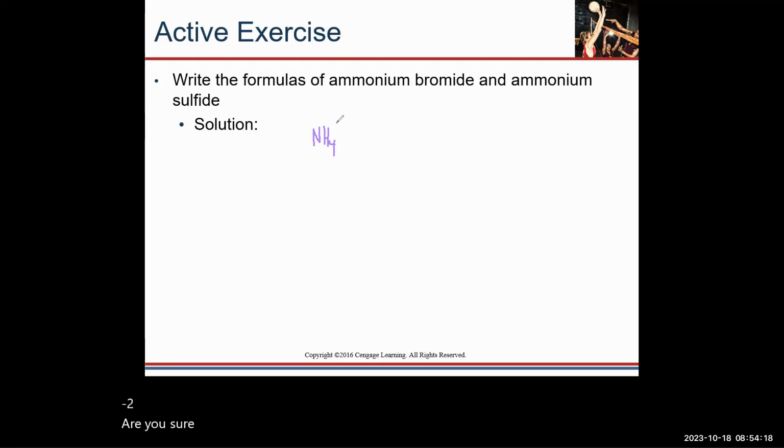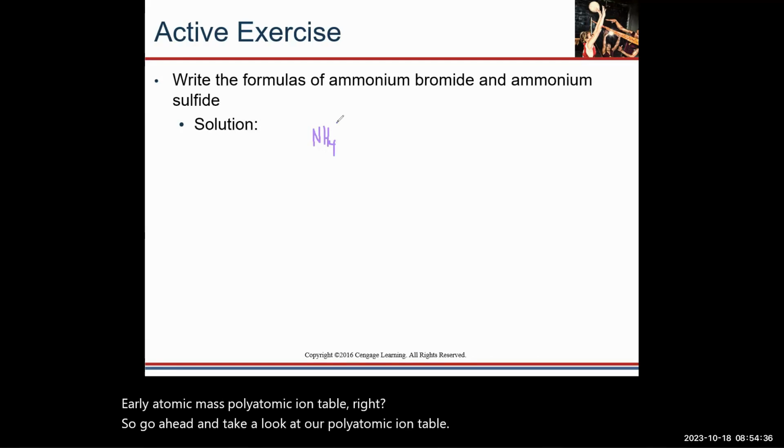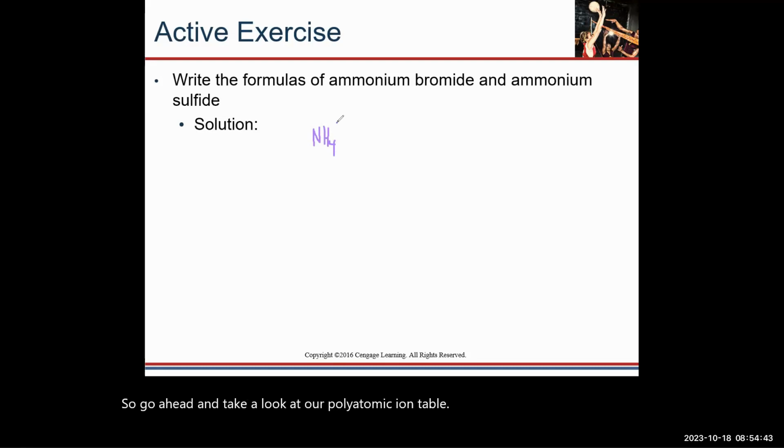Or +2? Are you sure? Where can you find out? My polyatomic ion table, right? Okay, so go ahead and take a look at our polyatomic ion table. Just a positive charge.